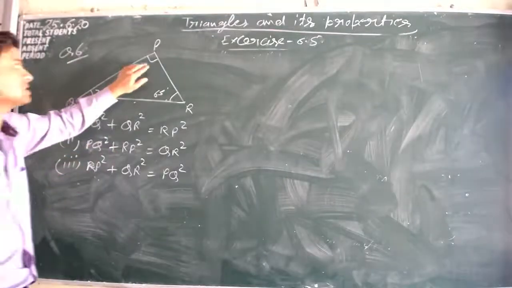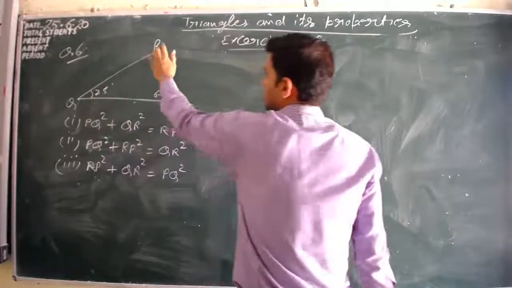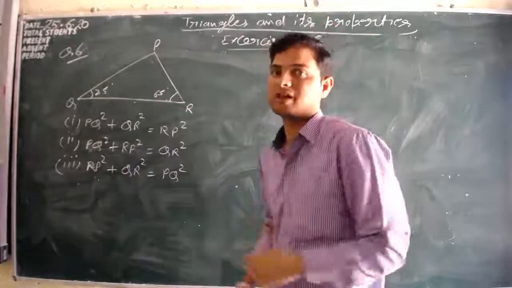पहले इस ट्रायंगल को ध्यान से देखिए। इस ट्रायंगल में हमारे पास दो मेजरमेंट्स हैं, Q and R, angle P we have to calculate.